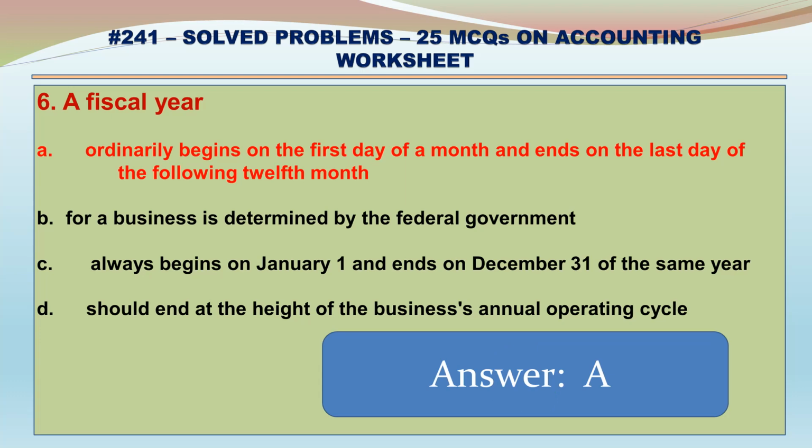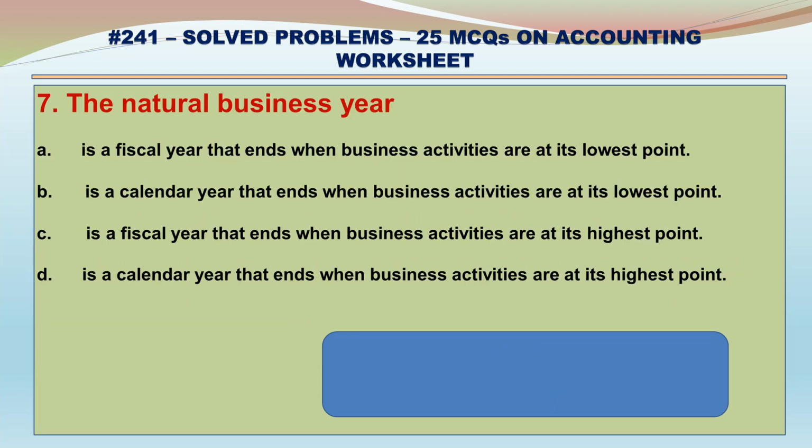7. The natural business year, option A, is a fiscal year that ends when business activities are at their lowest point. Option B is a calendar year that ends when business activities are at their lowest point. Option C is a fiscal year that ends when business activities are at their highest point.